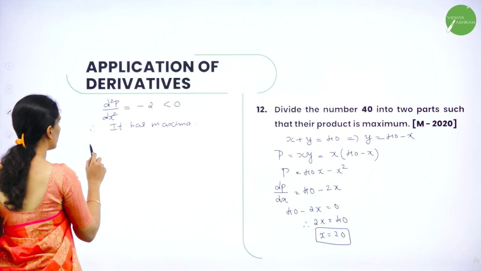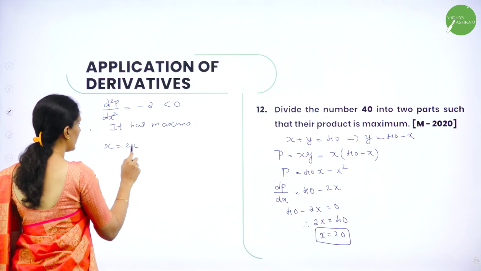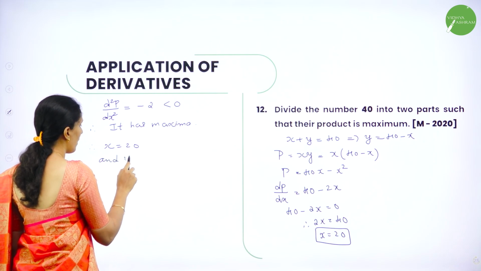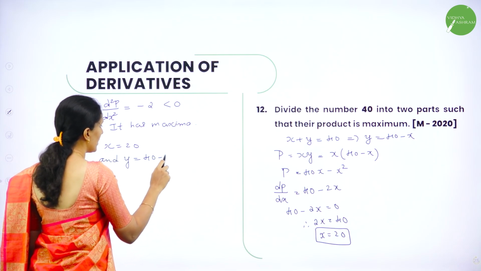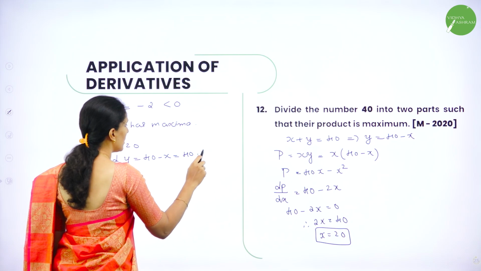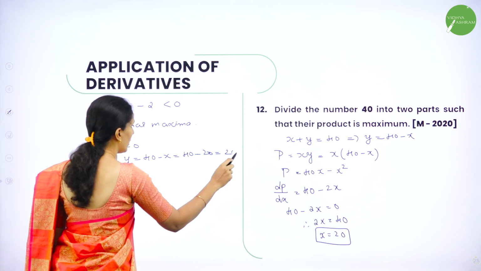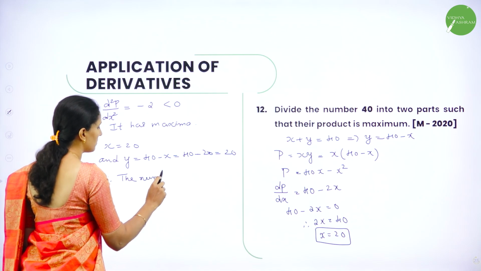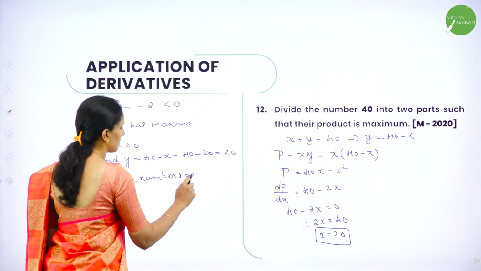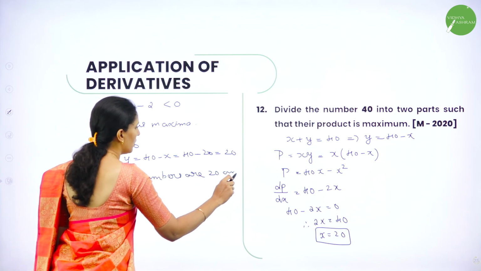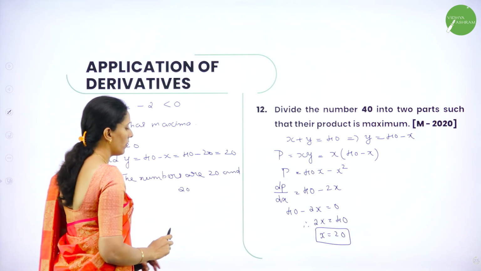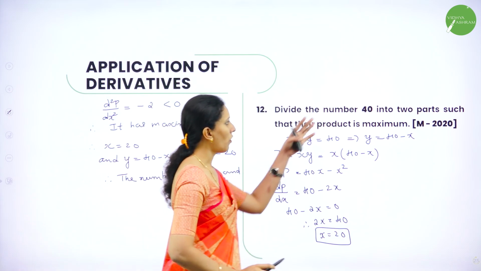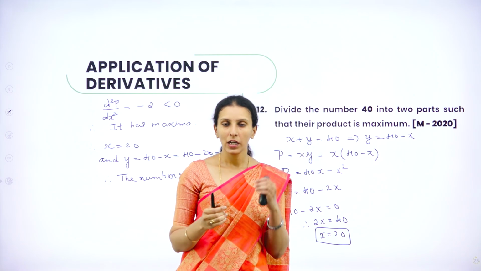So therefore x is equal to 20 and y is equal to 40 minus x, that is 40 minus 20, is equal to 20. So therefore the numbers are 20 and 20. So hence we have divided the number 40 into two parts as 20 and 20.